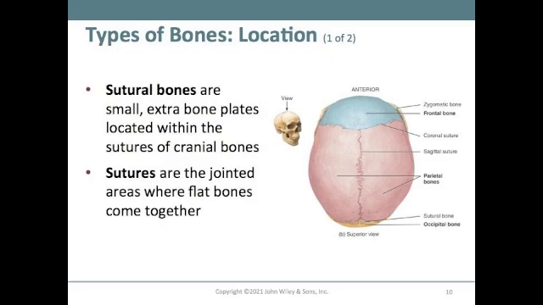When you're a baby and a child, this cartilage in between your sutures starts to calcify and become bone. That's one of the ways the skull is able to grow as you grow from infancy to adulthood.